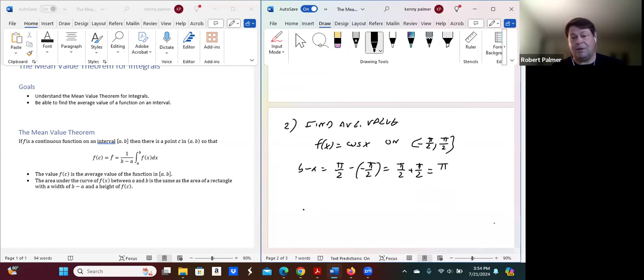Okay. Now, the integral from negative pi over 2 to pi over 2 of the cosine of x dx. Remember, the function whose derivative is cosine is sine. So that's the sine of x evaluated from negative pi over 2 to pi over 2.